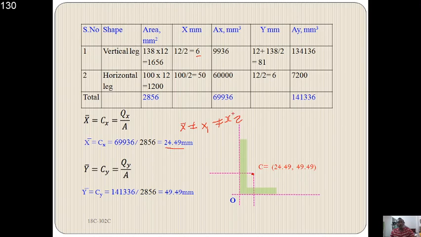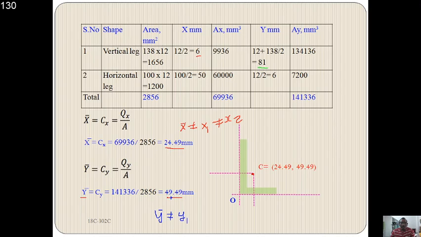For the y also, the y bar is 49.49. Let us see the value of y1, which is 81. So y bar is not equal to y1.